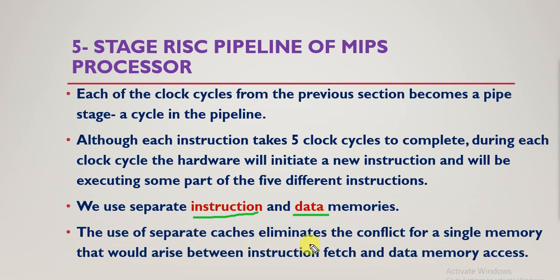Separate caches eliminate the conflict for a single memory that would arise between instruction fetch and data memory access. If we had only one memory, it would be difficult if instruction fetch and memory access had to be done in the same clock cycle.